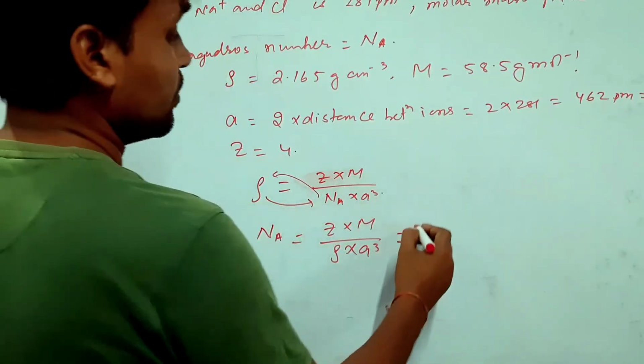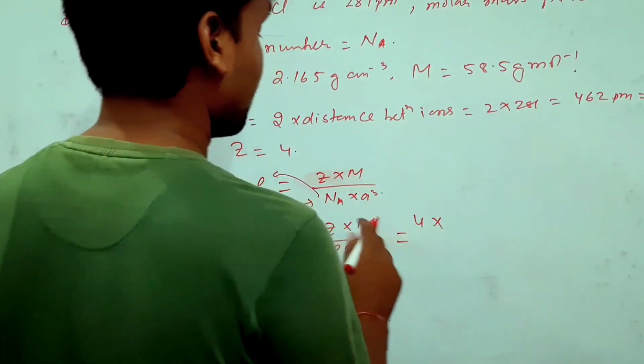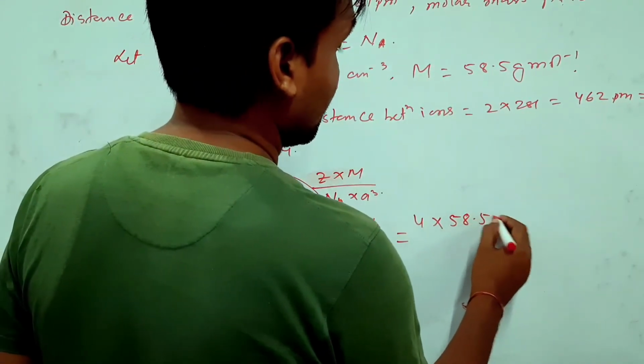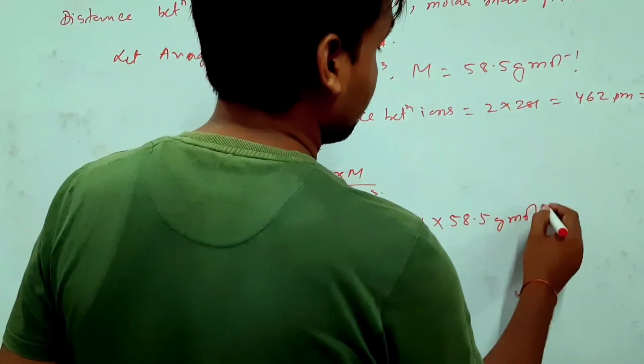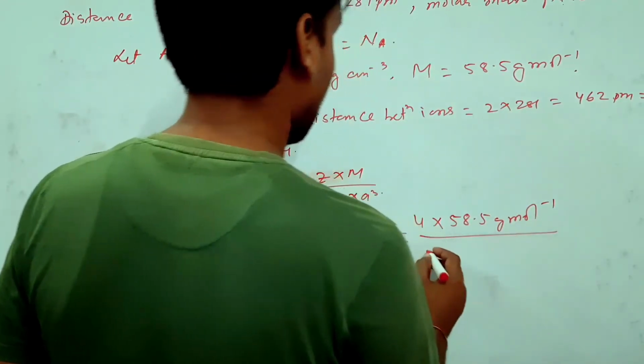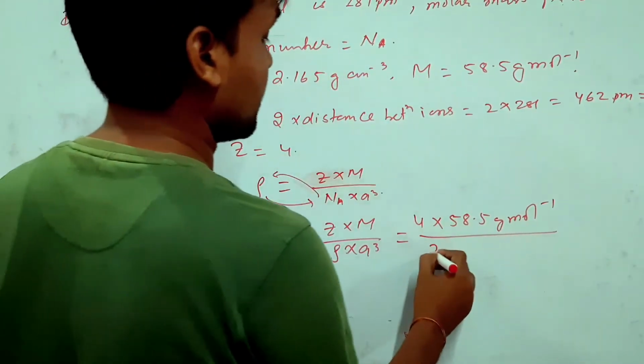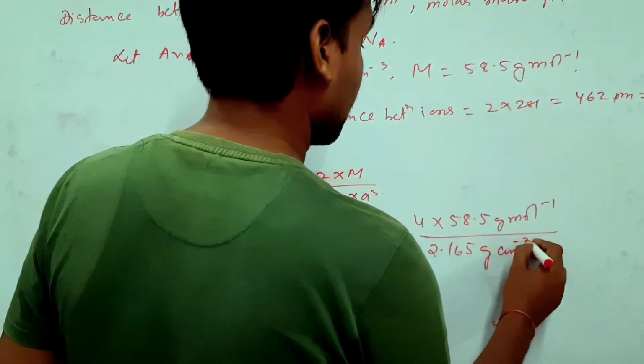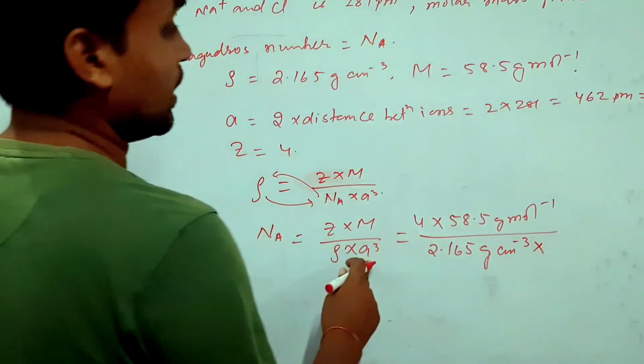The value of Z for NaCl is 4, and the value of M is given as 58.5 gram per mole. Another one, the value of rho, that is density, is 2.165 gram per centimeter cube, into a cube.